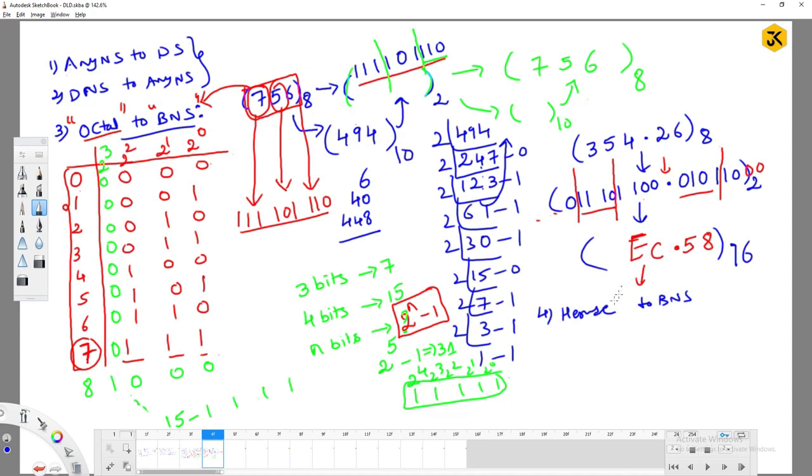Directly we covered octal to hexadecimal and hexadecimal to octal number. So you can solve any kind of conversion question if somebody asks.